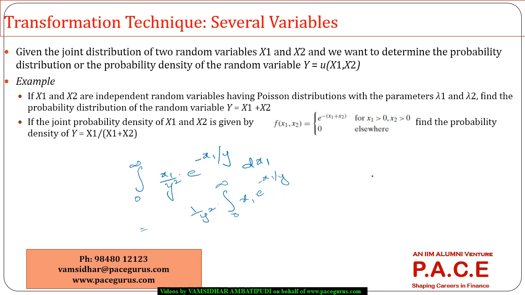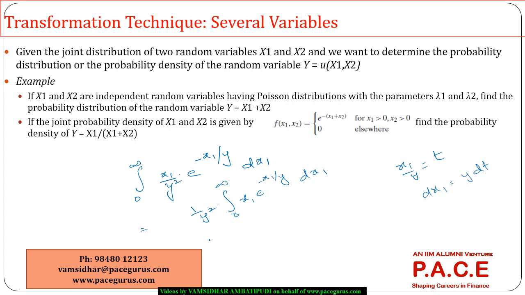So I'll say x1 by y equal to some t, right? If I say x1 by y equal to t, dx1 is nothing but y dt.